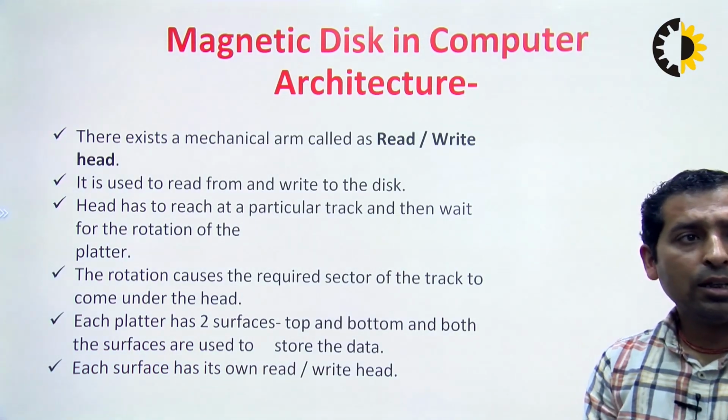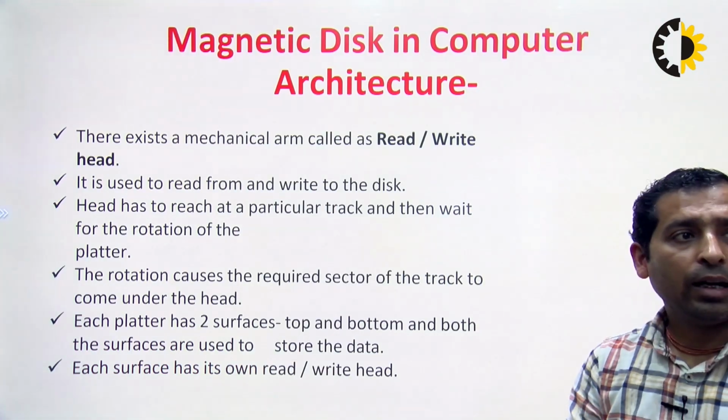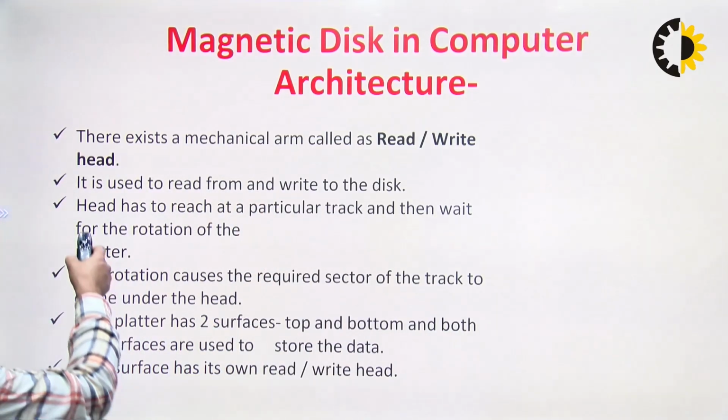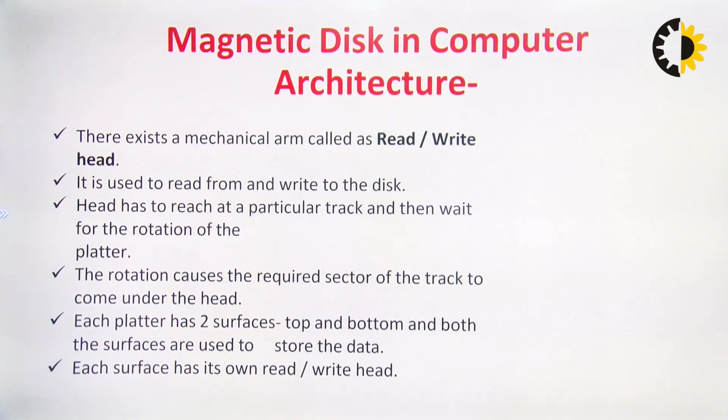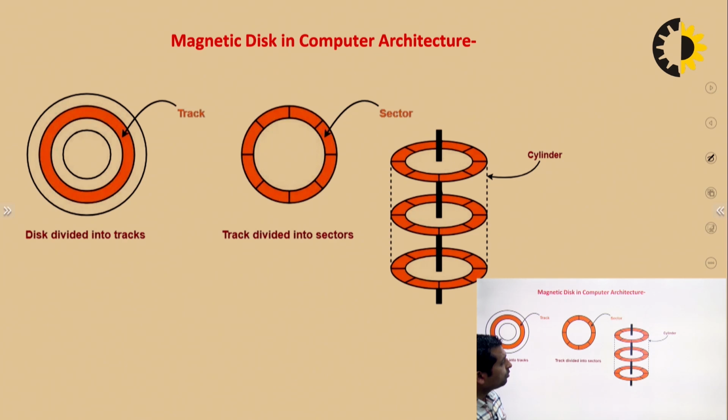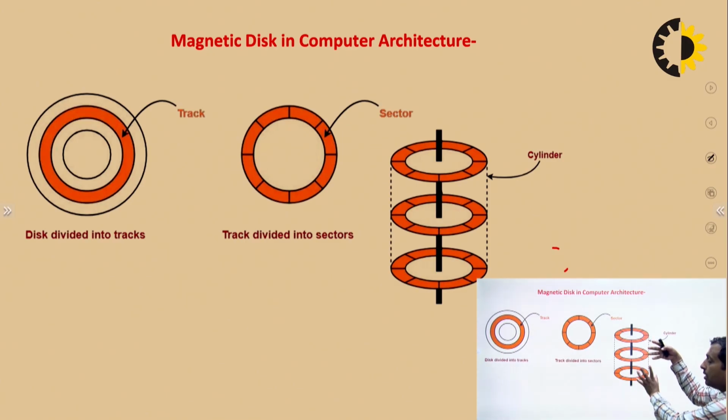These heads have to reach a particular track and then wait for the rotation of the platter. So, this head moves backward and forward, and the disk is rotated. When the desired sector comes below this head, the data will be read.